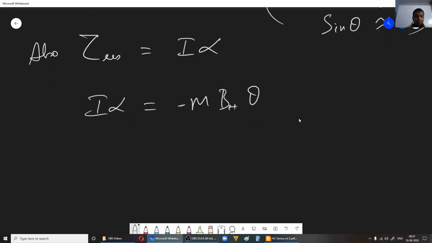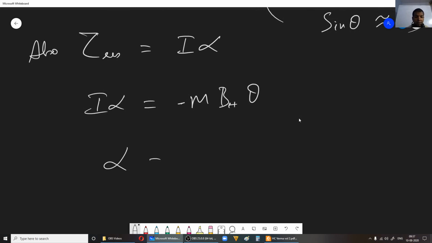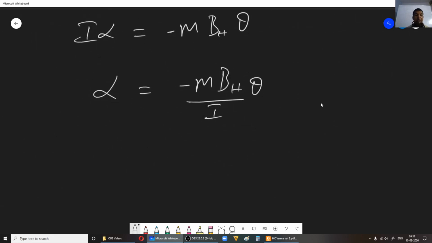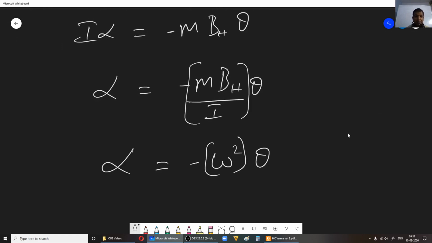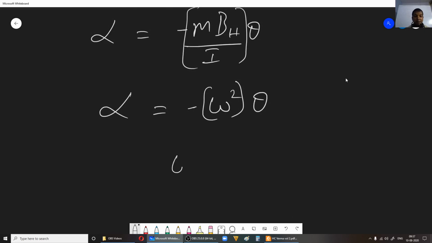We have done this again, just for understanding sake we are doing it here again. Alpha you can write as minus omega square theta. If you compare, omega square is equal to MBH divided by I. So therefore omega will be equal to root of MBH divided by I.